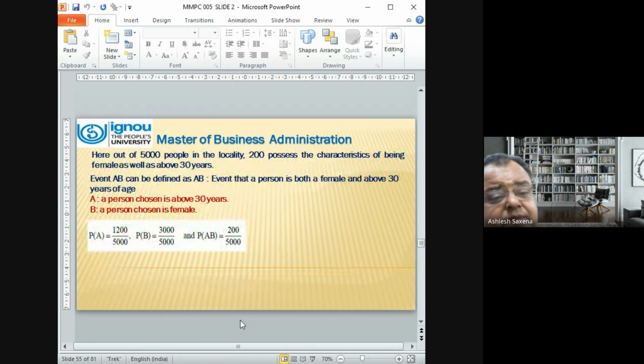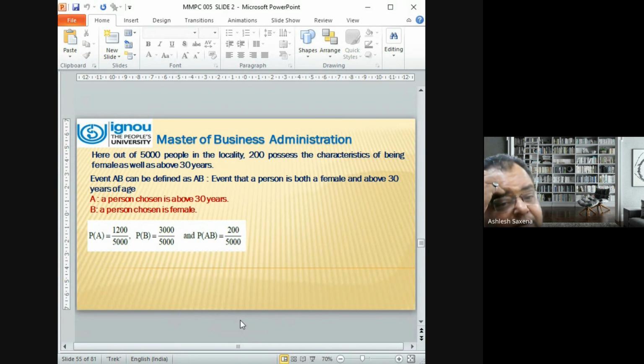Out of the 5000 people in the locality, 200 possesses the characteristics of being female and above 30. तो आपका आंसर क्या होगा? 200 by 5000. आपसे यही तो पूछा है प्रॉब्लम में.